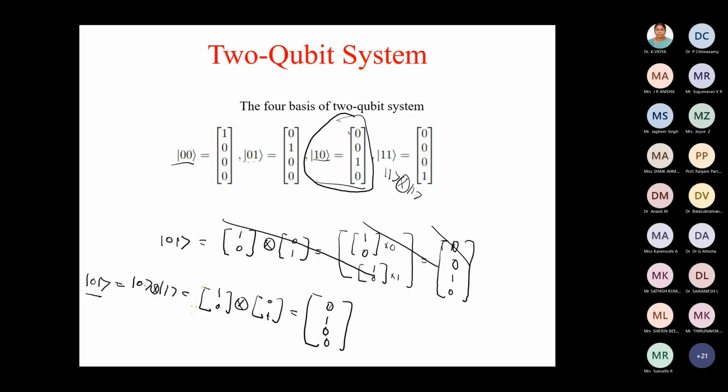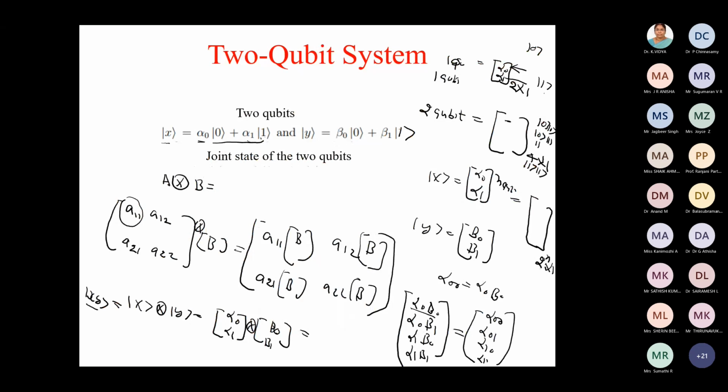Okay. So just one more thing I want to add here. I want to compare this with the single qubit. For a single qubit, you remember 0 and 1 were the basis states, and they were denoted by this kind of matrices. Since these were basis states for a single qubit system, they were elements like 2 cross 1.